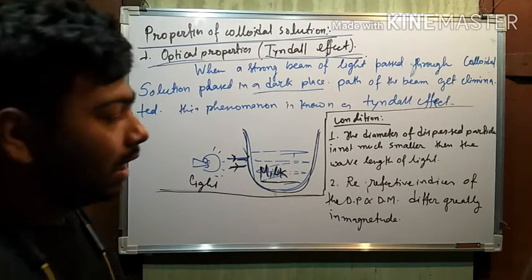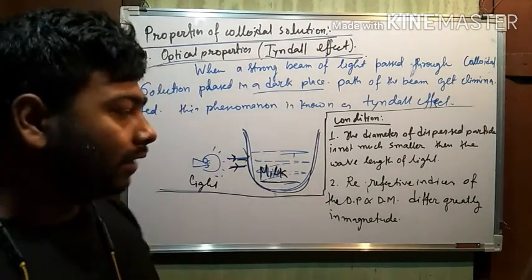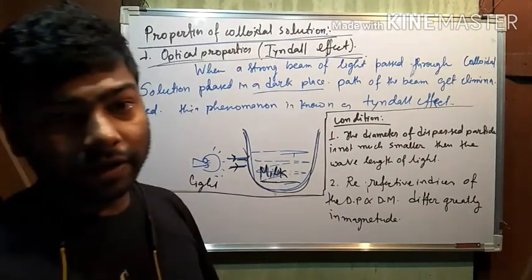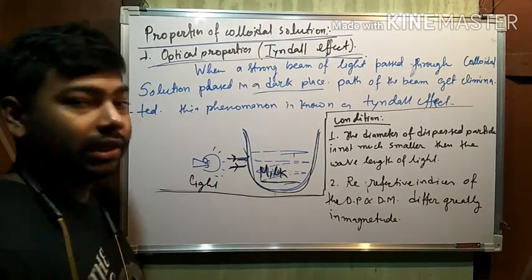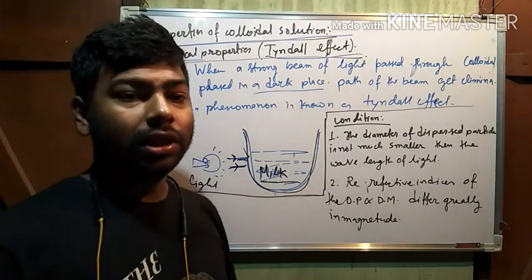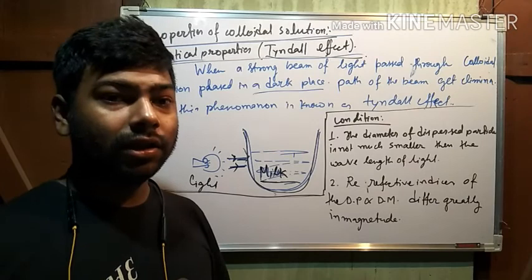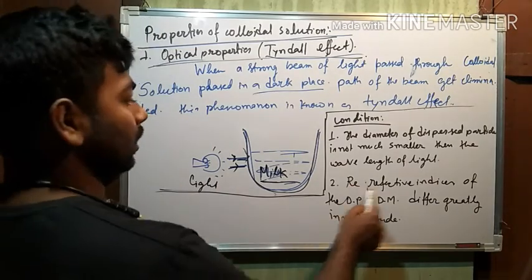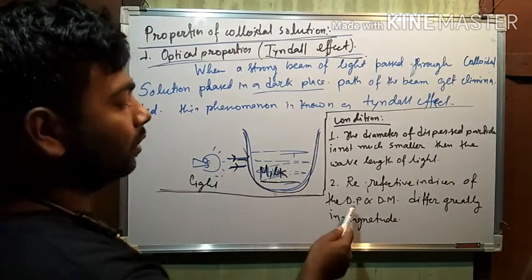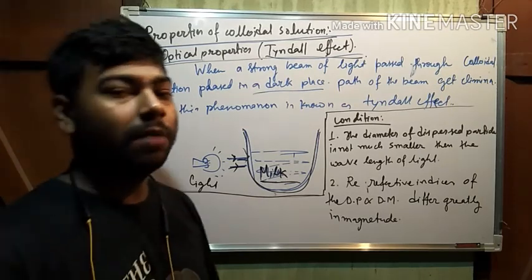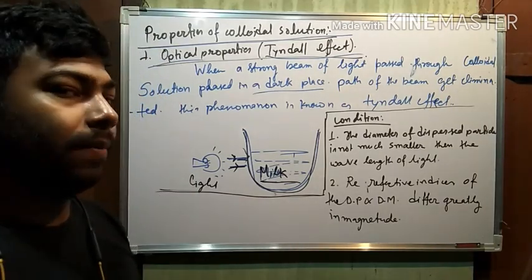This is the first condition. The second condition is the refractive indices of the dispersed phase and dispersion medium differ greatly in magnitude. That means there is so much difference between the refractive indices of dispersed phase and dispersion medium in magnitude. That means it may be positive or it may be negative.